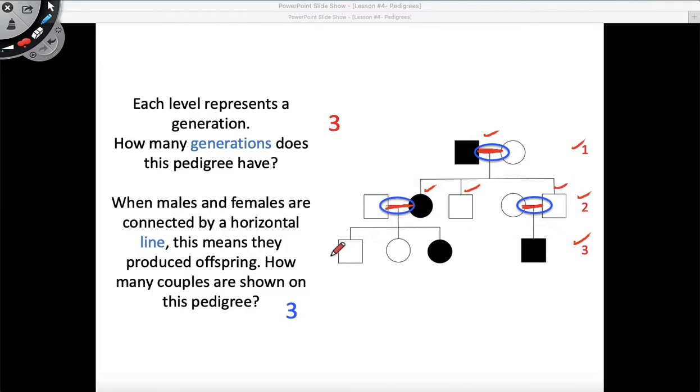For this couple here, they had 1 boy and 2 girls. And for this couple here, they had 1 boy. And then, of course, you can show who those kids married. So this girl married this man, right? And then they had these 3 kids, and so on and so on.